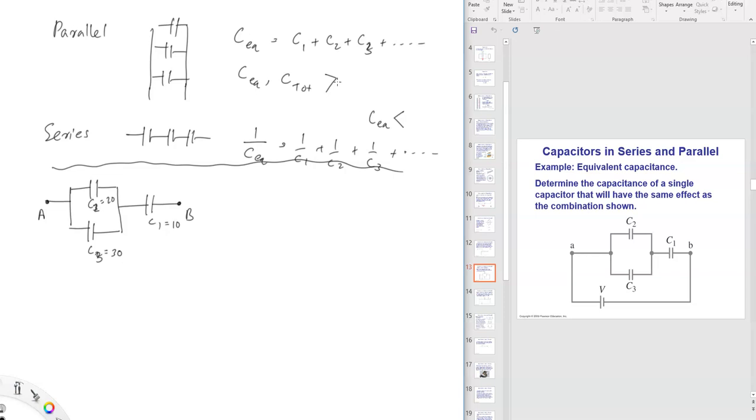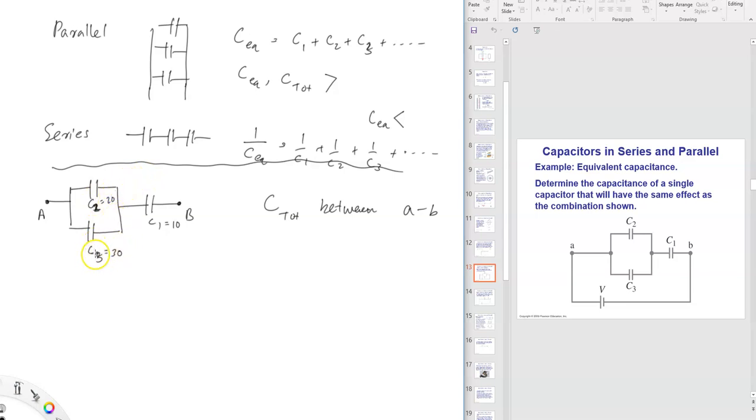Alright, so our question is, what's the total capacitance C total between A and B? What kind of single capacitor can we use to replace this entire system? So how do we find the total? How do we analyze this? Now in situations like this, we have to go section by section, step by step.